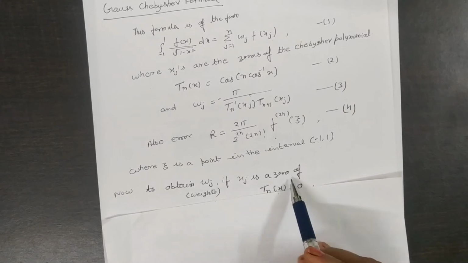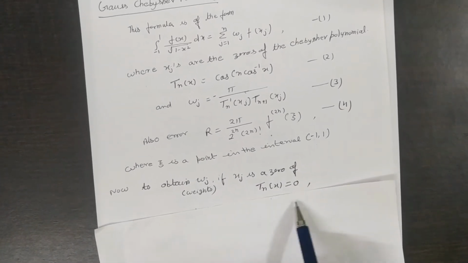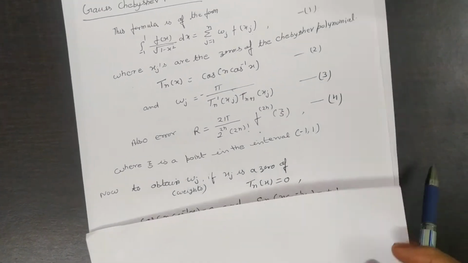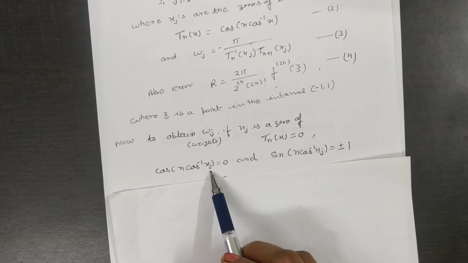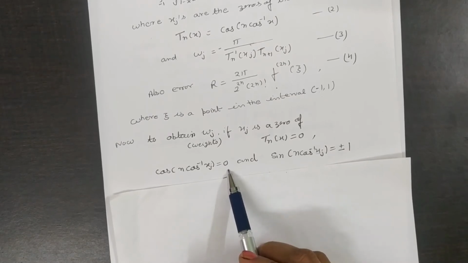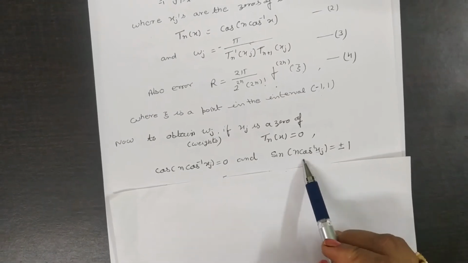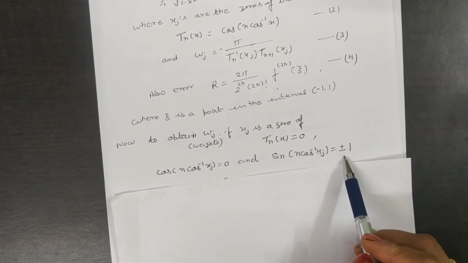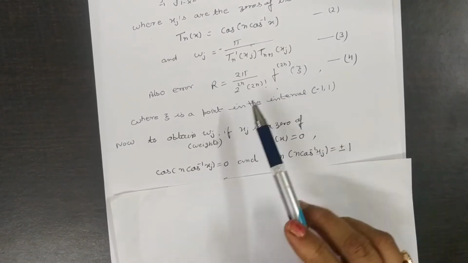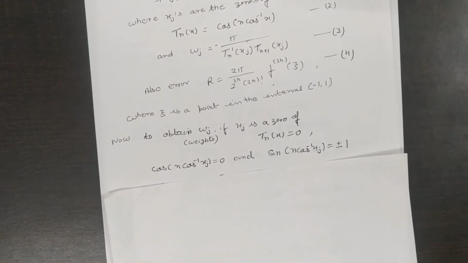If xj is a zero of Tn(x) equal to 0, then cos of n cos inverse xj is equal to 0 and sine of n cos inverse xj is plus minus 1. Yes, students, this is for the Chebyshev polynomial.